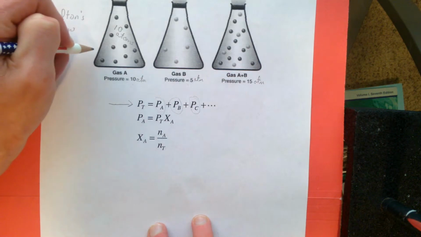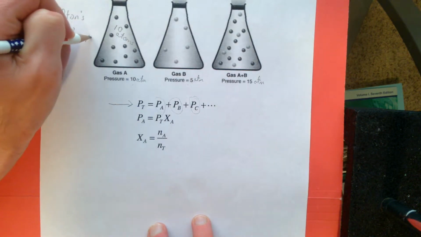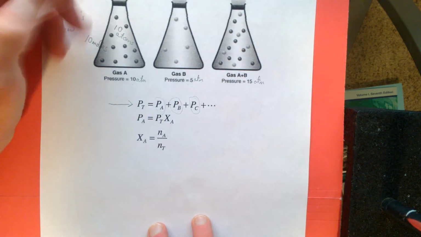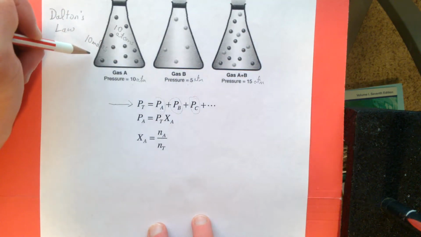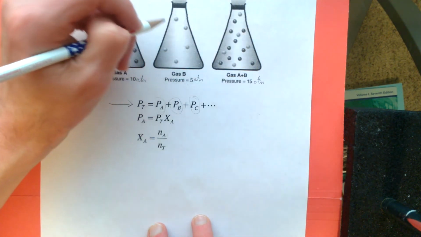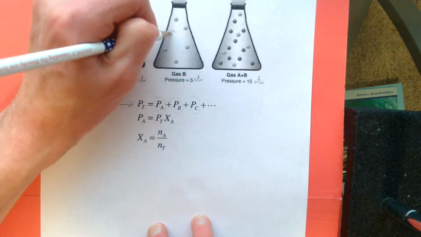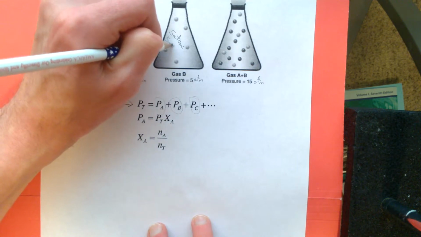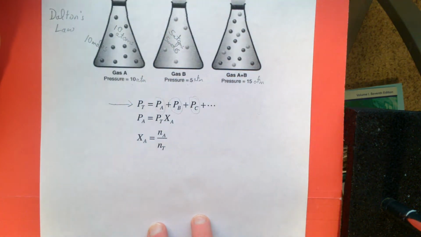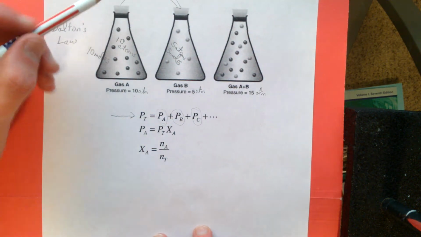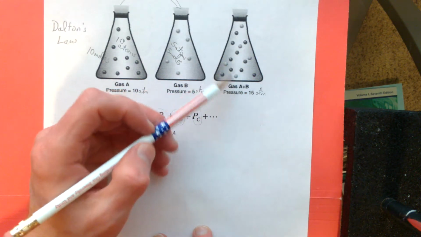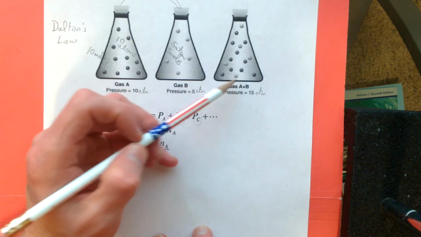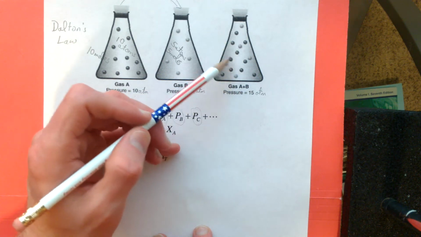For the sake of argument, let's say those 10 atoms equal 10 moles. And here in flask B we have 5 atoms, so let's make believe that's the equivalent of 5 moles. Now when we put them together, we have a total of 15 atmospheres, and 15 little atoms, or 15 moles.